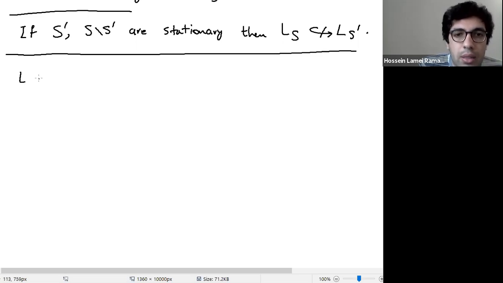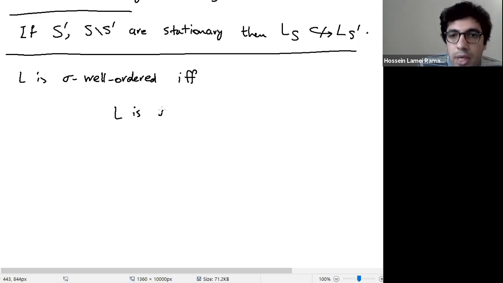L is sigma well-ordered if and only if L is sigma scattered and omega 1 star does not embed into L.